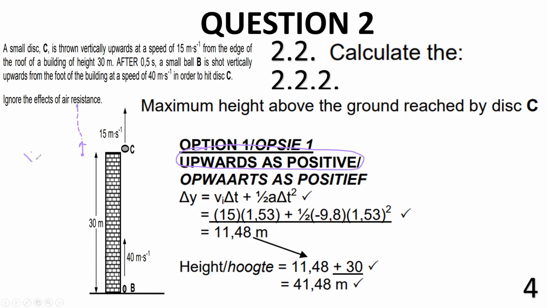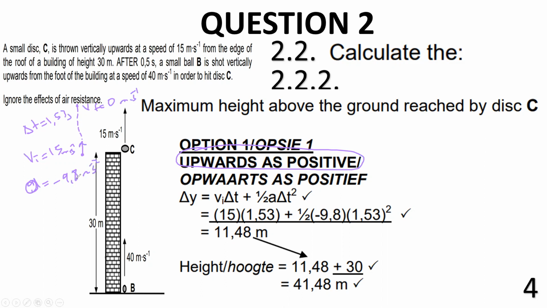So V initial equals positive 15 meters per second. Time, you calculated in the other question, 1.53 seconds. V final is equal to 0. If you need, you can use it. And we are looking for acceleration, let's say a equals 9.8 meters per second squared.